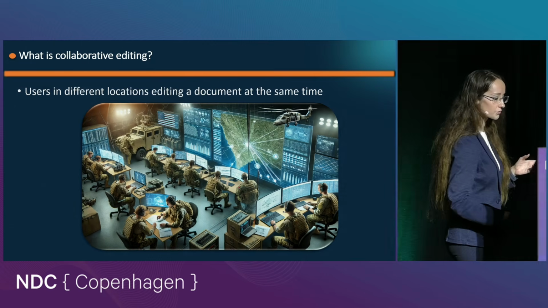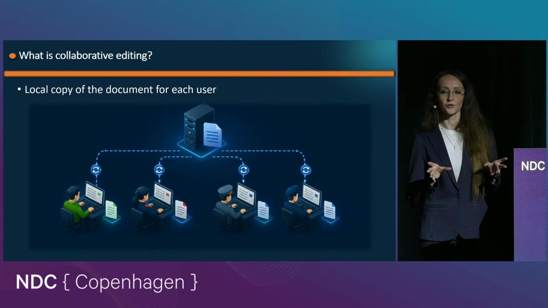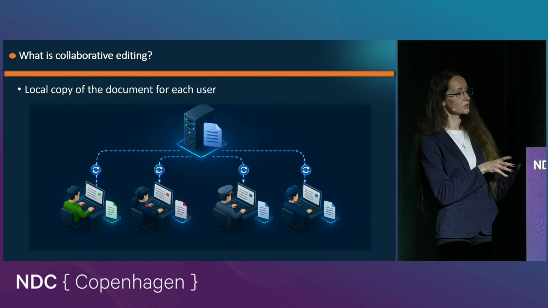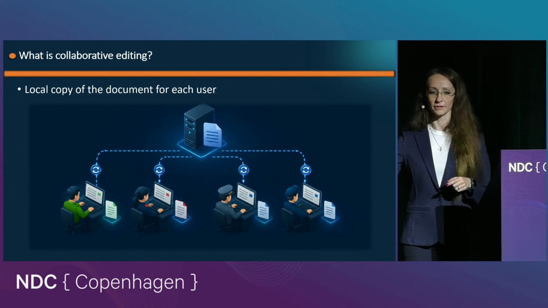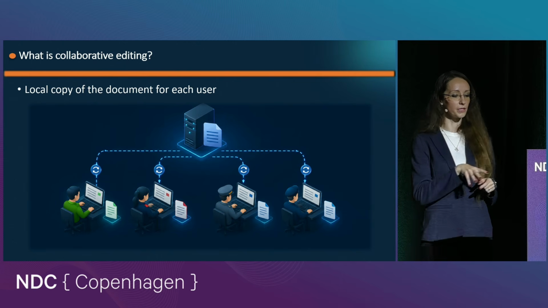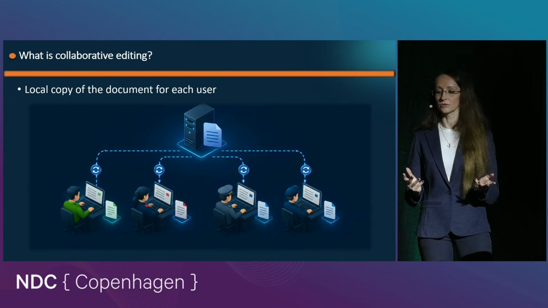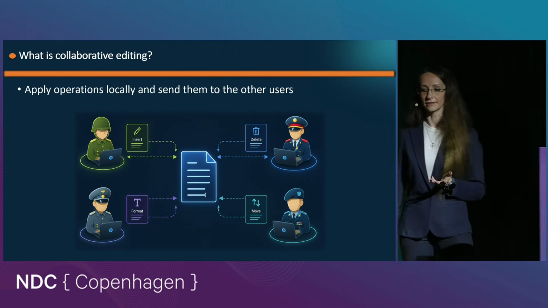And this also translated into a situation like this. We need to have a local copy of the document available in each user's local environment, and the changes that they are making on that local copy to be able to get to all the other users that are connected at the same time.